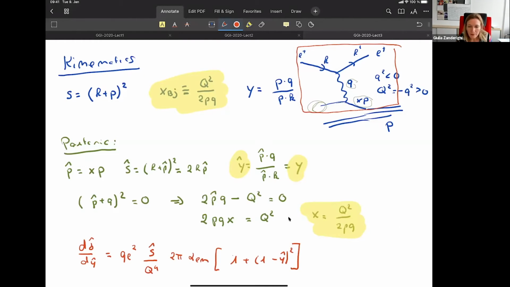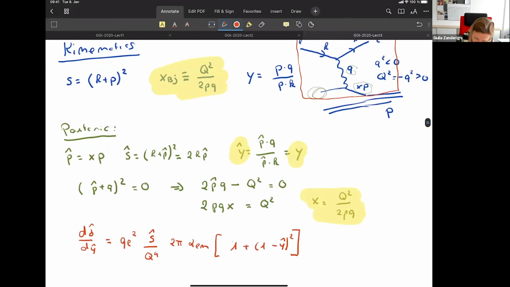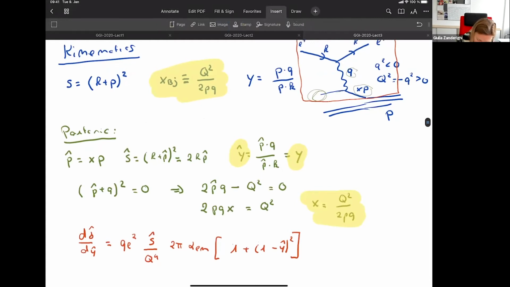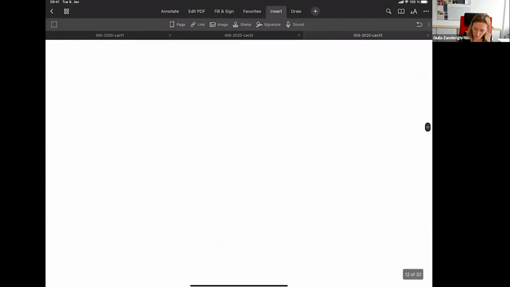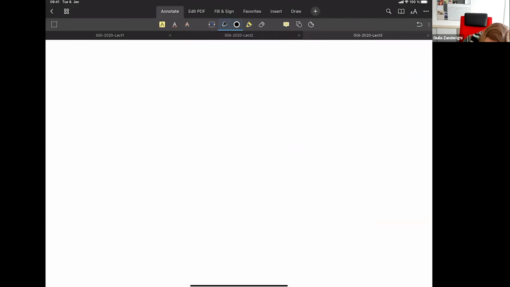Right? Now, what you want to do is compute the hadronic cross-section from here. So the hadronic cross-section is what actually you can measure, and so the hadronic cross-section has instead this form. You can also measure it as an angular cross-section.